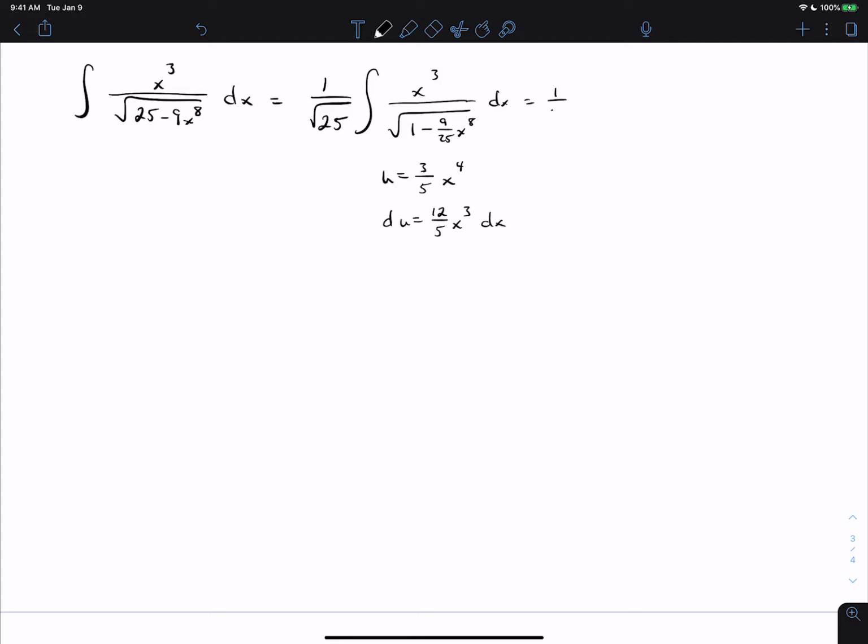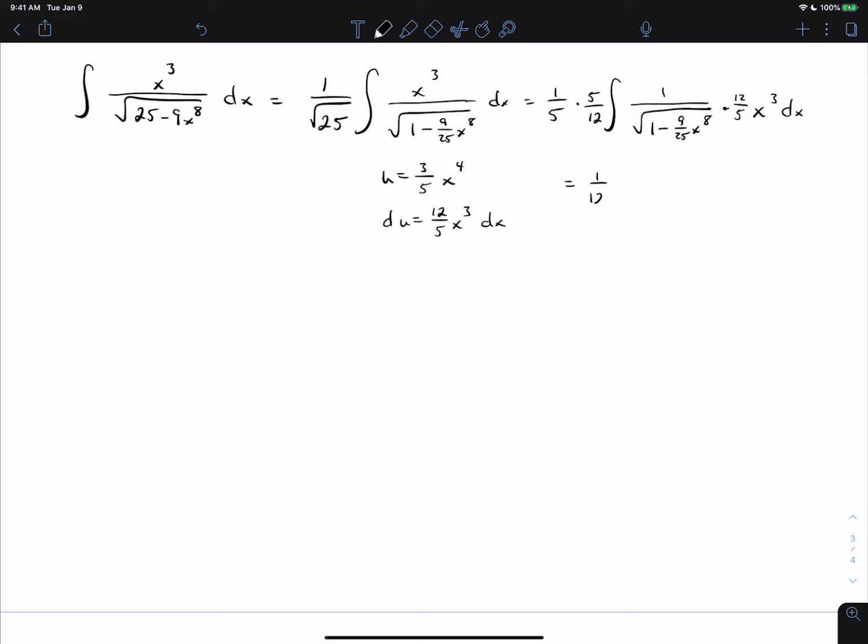So we do a few things on this next step. The 1 over square root of 25, we go ahead and write that as 1 over 5. We're going to take the x cubed off of the fraction, and we're going to put the x cubed next to the dx. We need 12 over 5 there. So we put 5 over 12 outside.